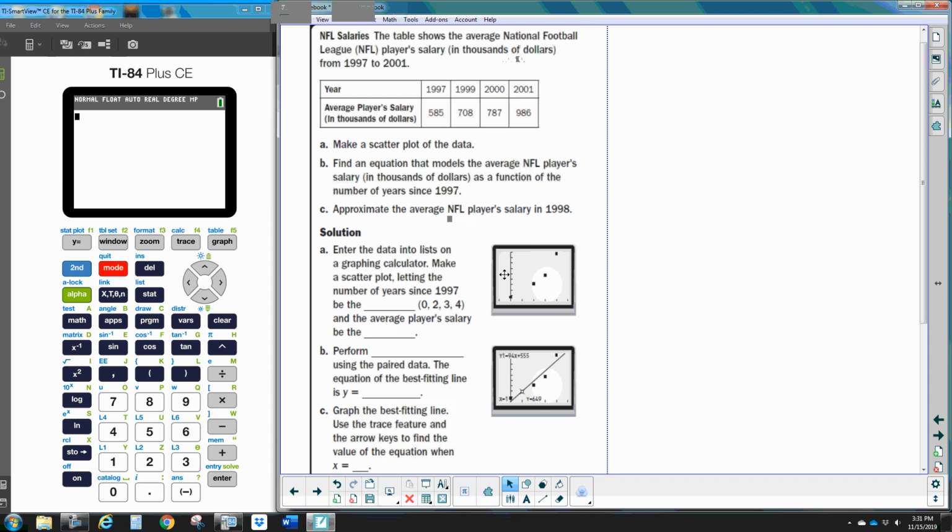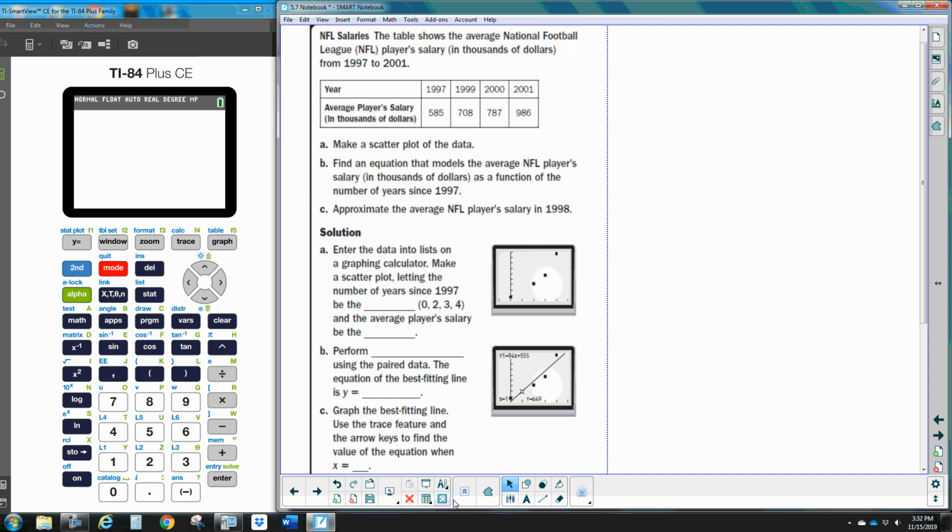Okay, let's just make this so we can see the whole problem. So the first thing we're looking at is the years. Remember what we said last lesson about the years? We're looking for years since something. So we could use 1997 as our starting point.